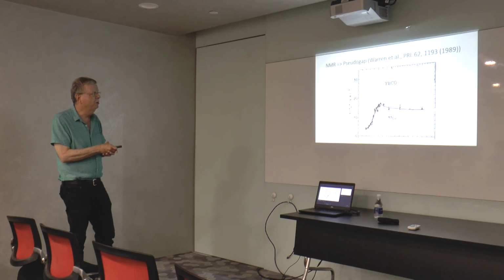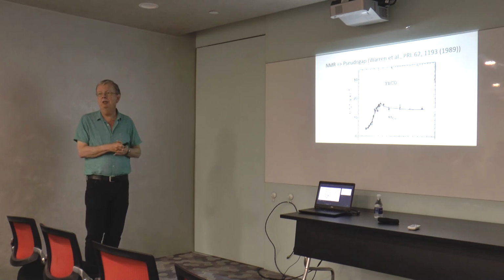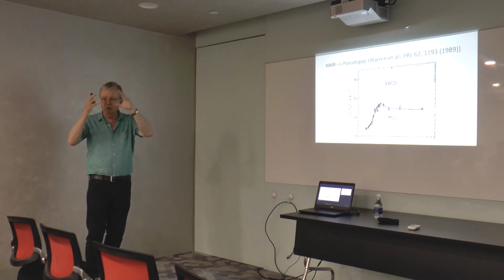So TC for this one was down here somewhere, I think. So we're looking at 1 over T1T. T1 is the spin relaxation rate, and the spin relaxation rate is getting longer. So 1 over T1 is getting smaller, and that's because there's a gap opened up in the spin channel. Okay, so it's not just the charge channel, it's also the spin channel. The pseudogap opens things up.